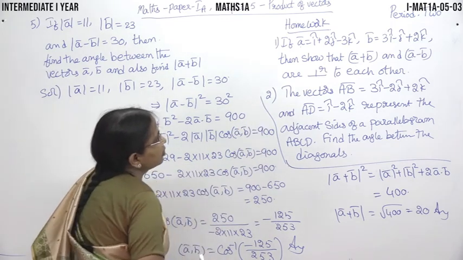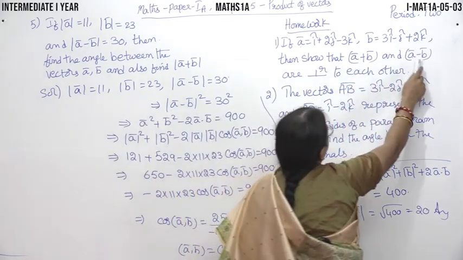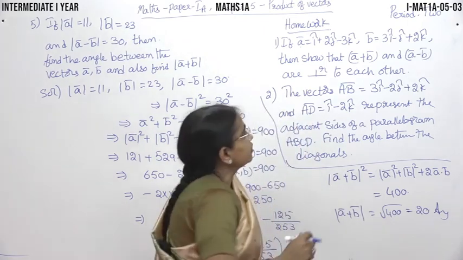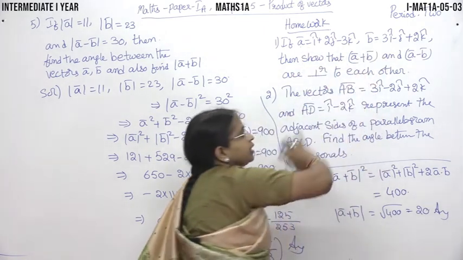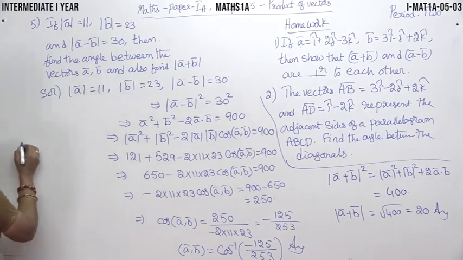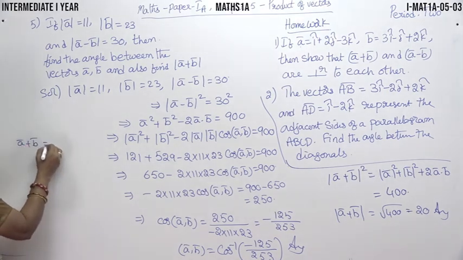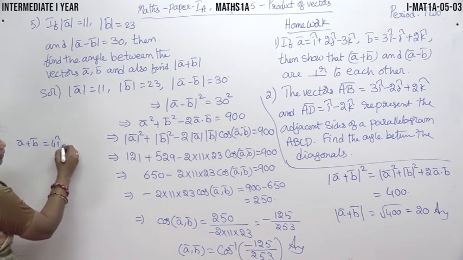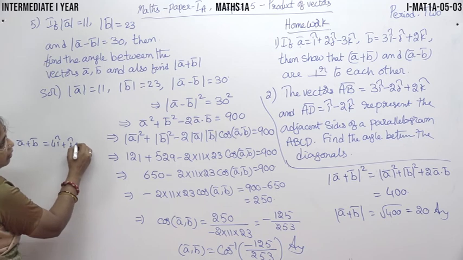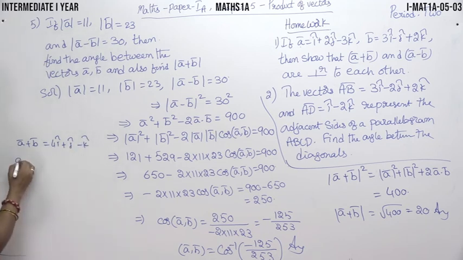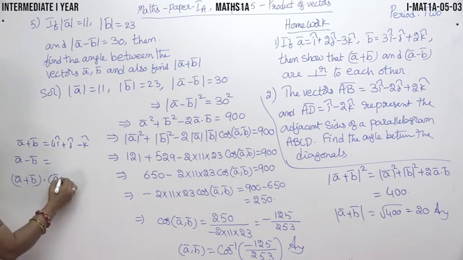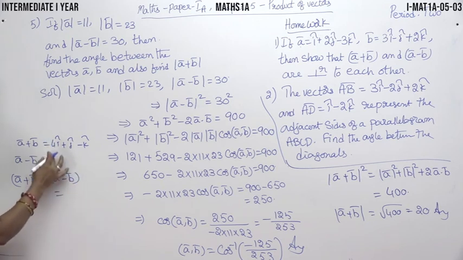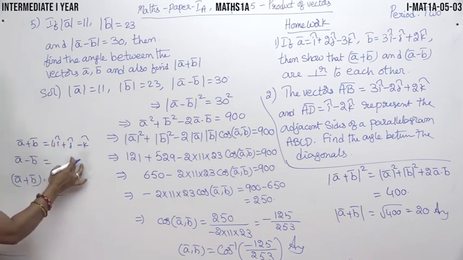Now in this homework, show that A plus B and A minus B are perpendicular to each other. So first find A plus B and then A minus B. A plus B you will get as some value; when you add you will get 4i plus j minus k, and then find A minus B. Then find A plus B dot A minus B. So it is a1 a2 plus b1 b2 plus c1 c2.